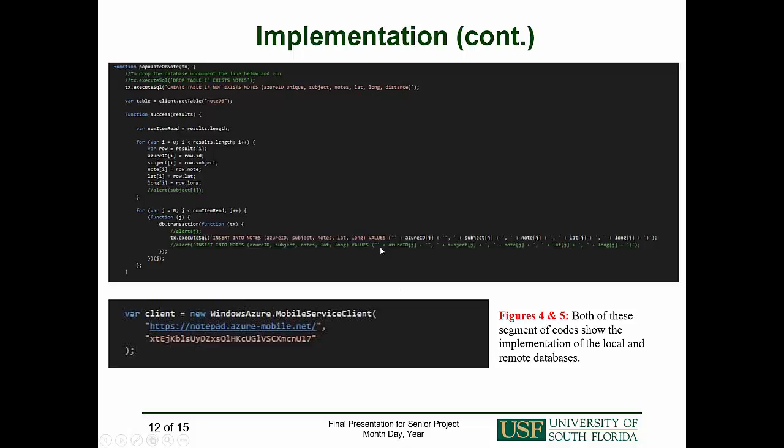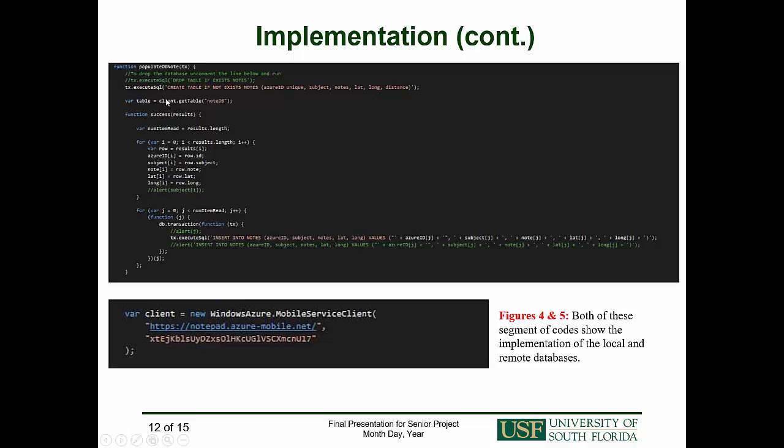The implementation on the top shows how, after the database is created, it converts the notes that were created online using Azure to WebSQL. How we did that was we created some global variables such as the Azure ID for each note, the subject, the notes, the latitude, and the longitude. So pretty much what we did was reference the table which we're talking about.